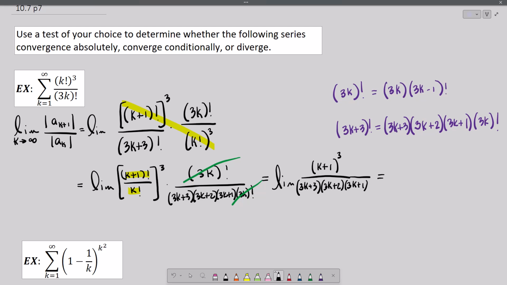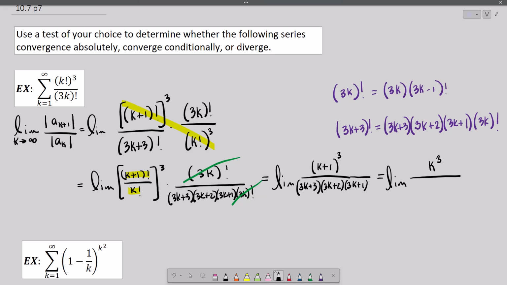Instead of cubing out the whole thing, you know both these are polynomials. What is the dominant term in the numerator? K cubed. If you were to cube that thing out, you'd have a k cubed term, k squared term, k term, constant. The only term that matters when you're finding a limit at infinity is the highest power of k. What would be the highest power of k in the denominator if you were to expand this all out?